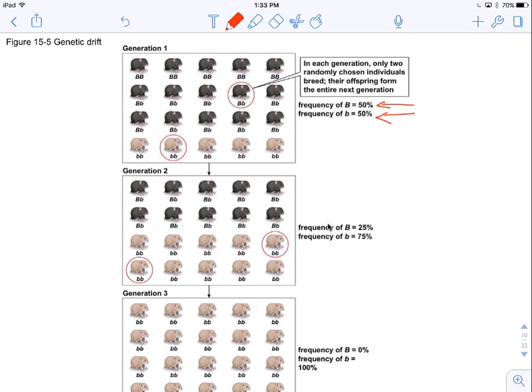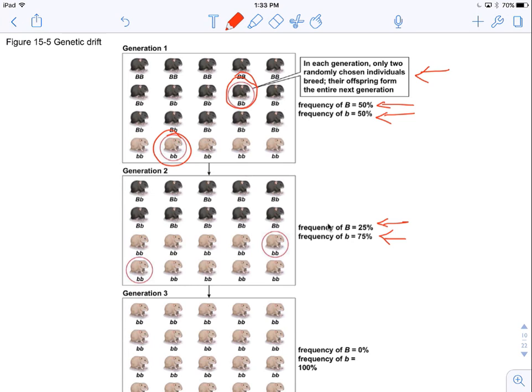The frequency of the recessive allele is 50%, half the time. So again, let's say that only 2 individuals in each generation are chosen to breed. So let's say we choose a heterozygote and a homozygous recessive. Now, just doing that alone in one generation affects the allele frequencies significantly. If you count them up again, the frequency of the dominant allele will be 25%.